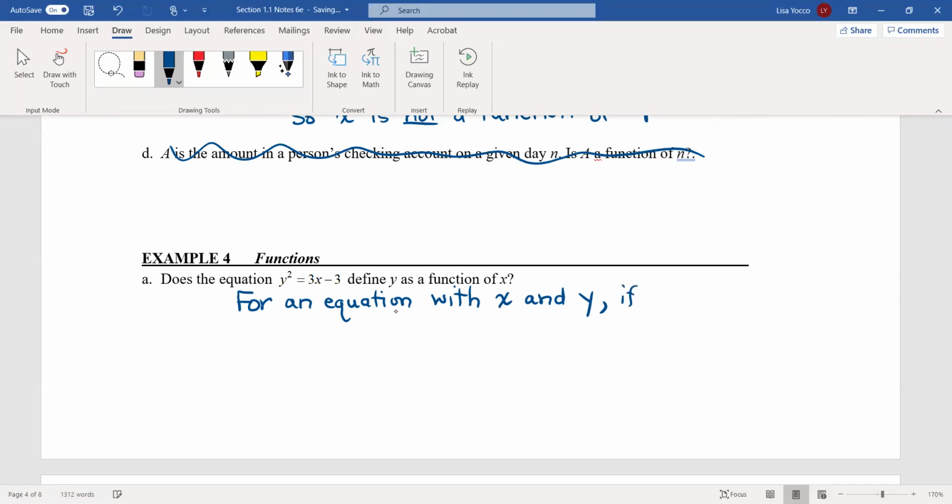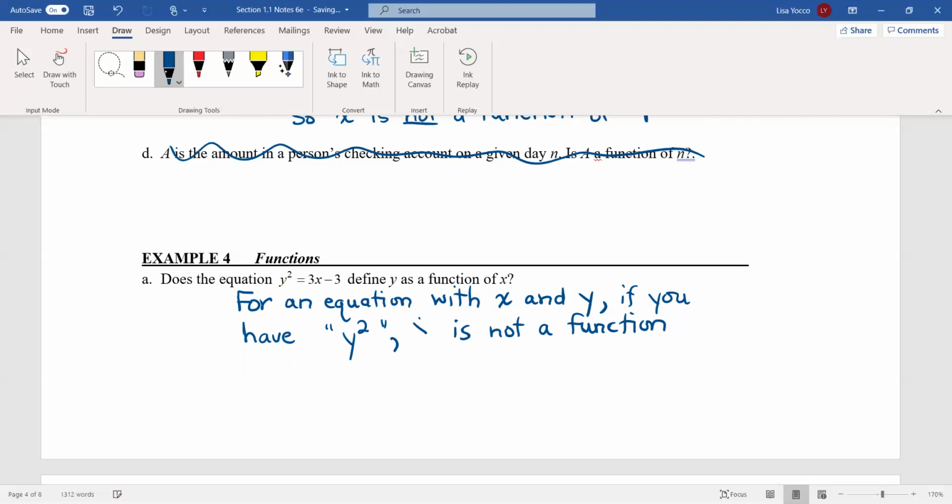if you have a y squared, it's not a function. Or I should say y is not a function of x. Let me back that up.